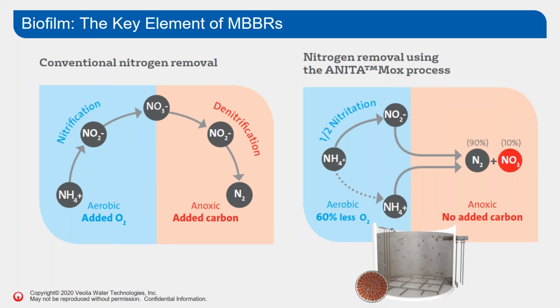It's a very elegant process and it has a few niche applications where it's really nicely applicable because it consumes approximately 60% less oxygen. It means that you can accomplish similar nitrification efficiency for your wastewater in similar tankage but using less oxygen.